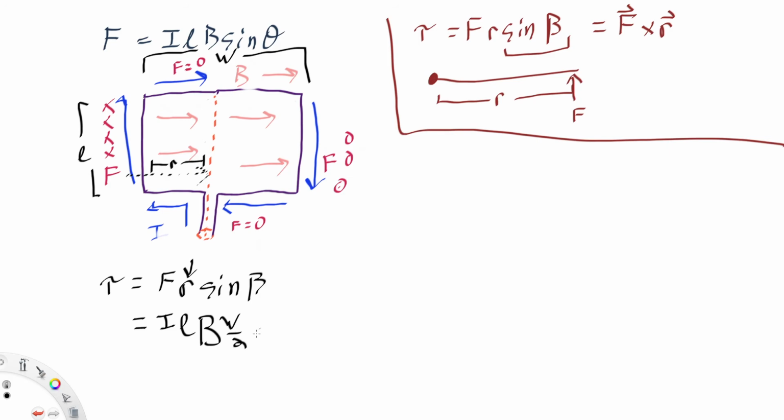Okay. So that's the torque on the left-hand part of this loop. We have another one of those on the right-hand part of the loop, though. Same amount of torque, same direction of rotation.